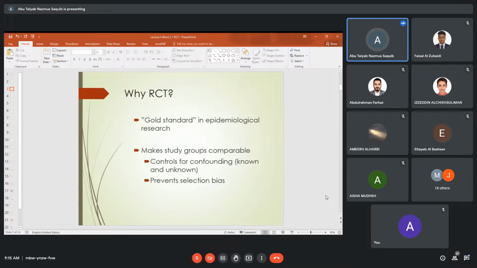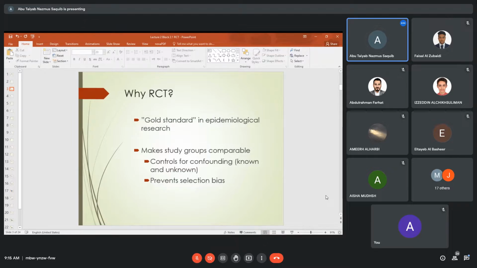And there are other characteristics of RCTs. In addition to randomization, there are blinding and allocation concealment, which we will explain. These prevent biases, because any study is subject to biases from many fronts. So the RCT is the gold standard for two reasons.